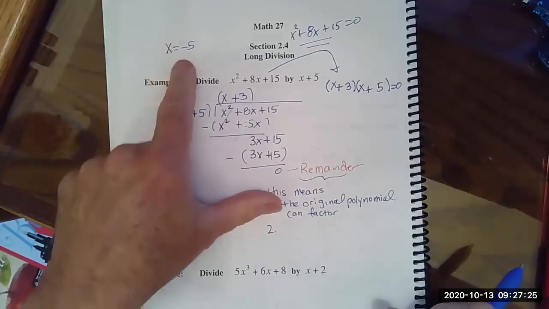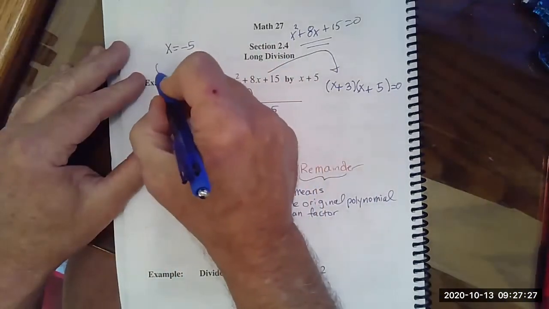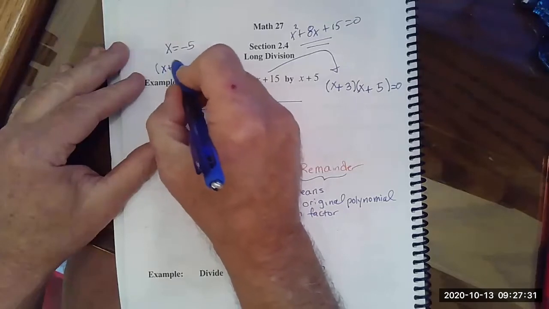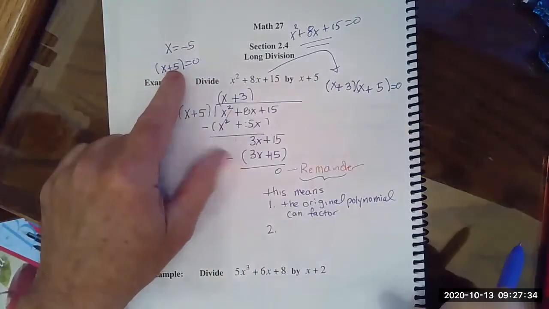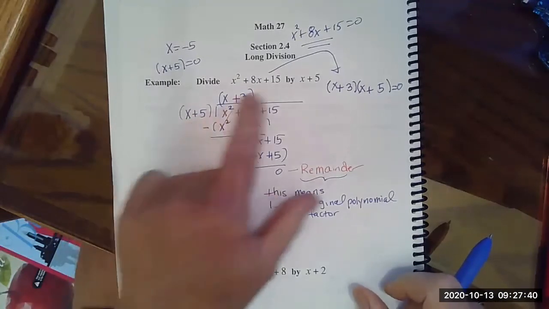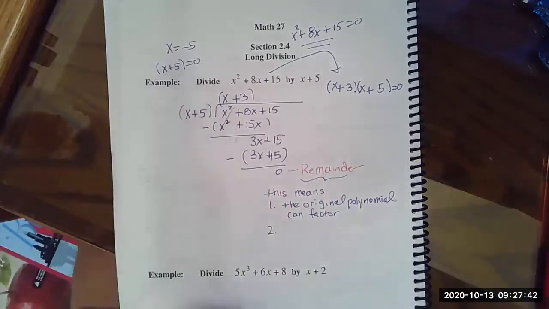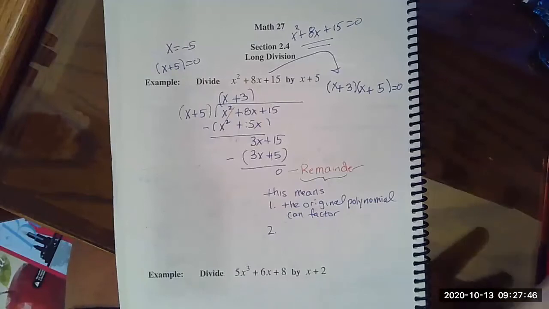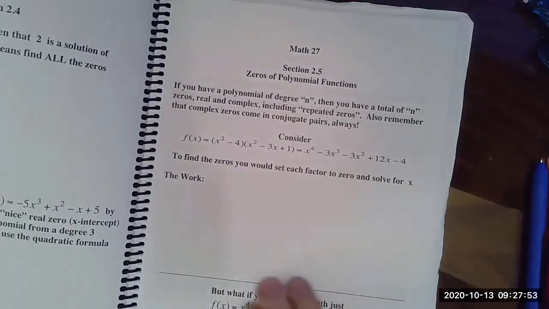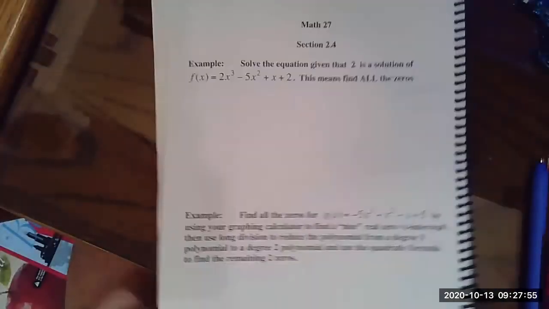What you do is you bring the 5 over, so you have x plus 5 set equal to 0, and now that's your factor, which is your divisor. And then you do long division on the original. So eventually, you're going to have a problem that says, find all the solutions. Find all the answers.